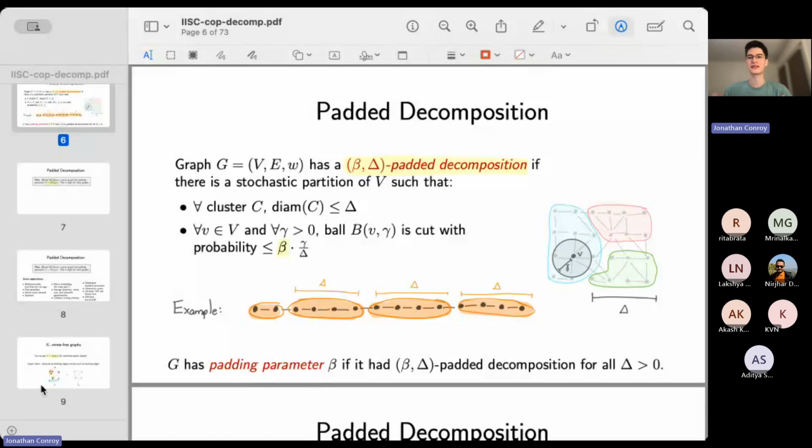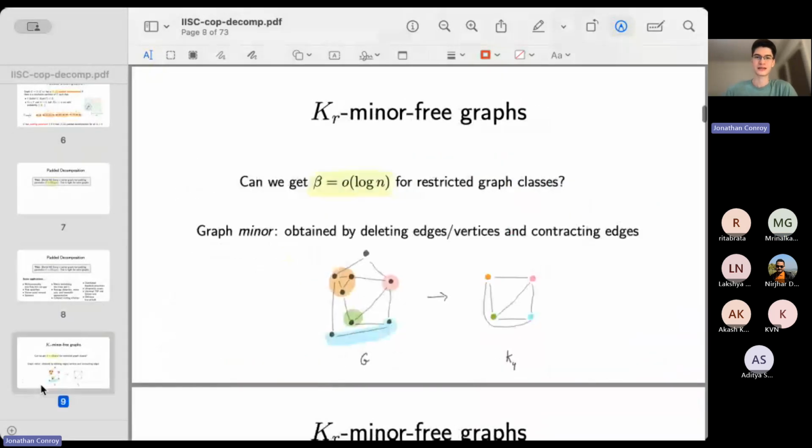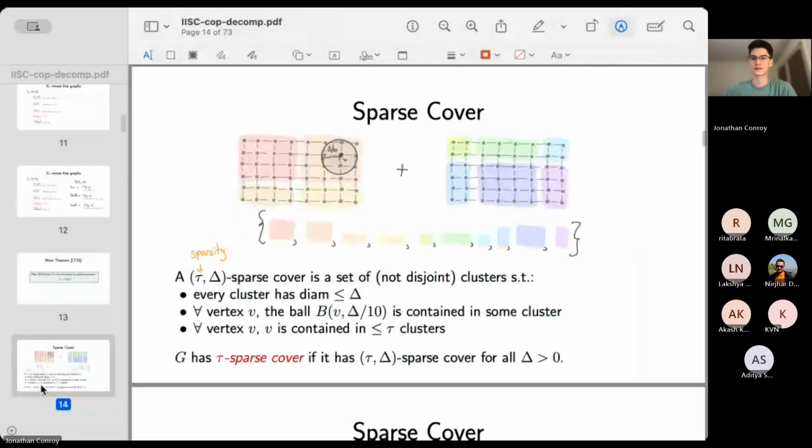So that with at least constant probability, a sufficiently small ball is preserved. Let's say a ball of radius delta divided by beta times 10 or something like that is preserved. Yes. Good. I'm just using this 10 to avoid notation clutter in the slides, but really we should get some larger trade-off.